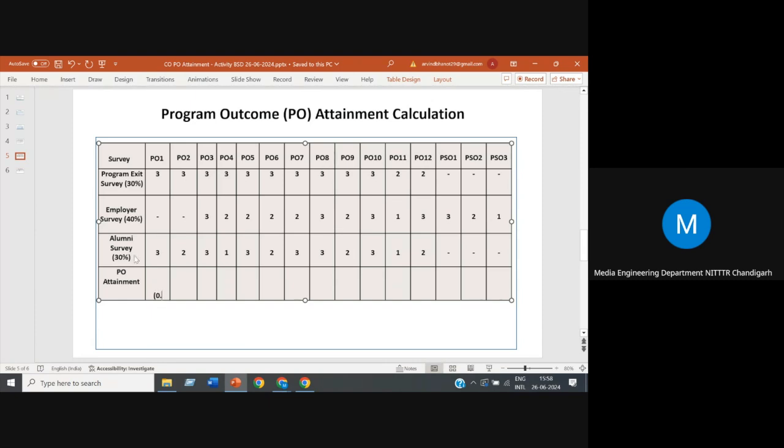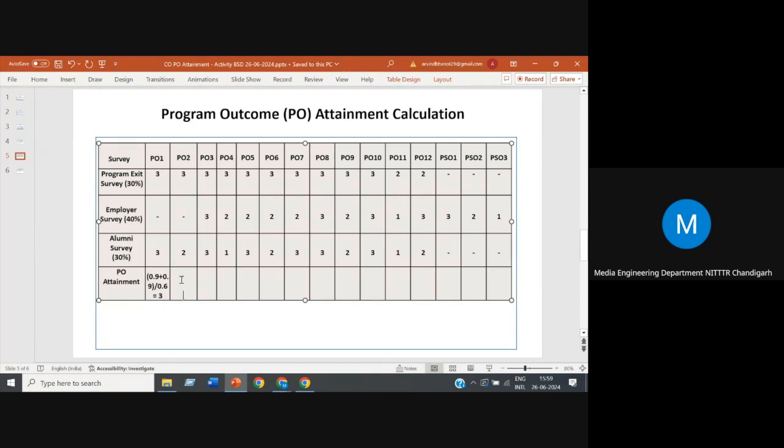So 0.9 plus 0.9 divided by 0.6. So that will be the answer for PO1 attainment. So what is this answer? 3. 3, right? Similarly, calculate these PO attainments for all these other columns.